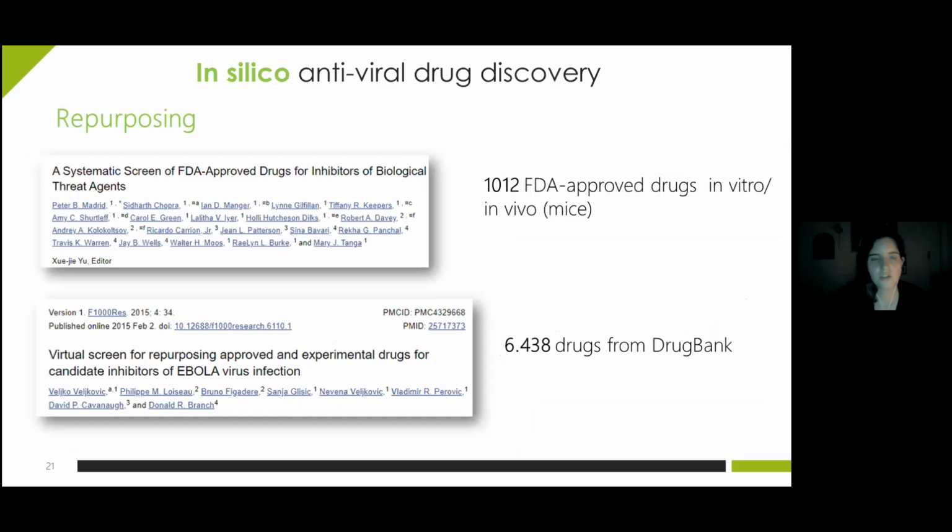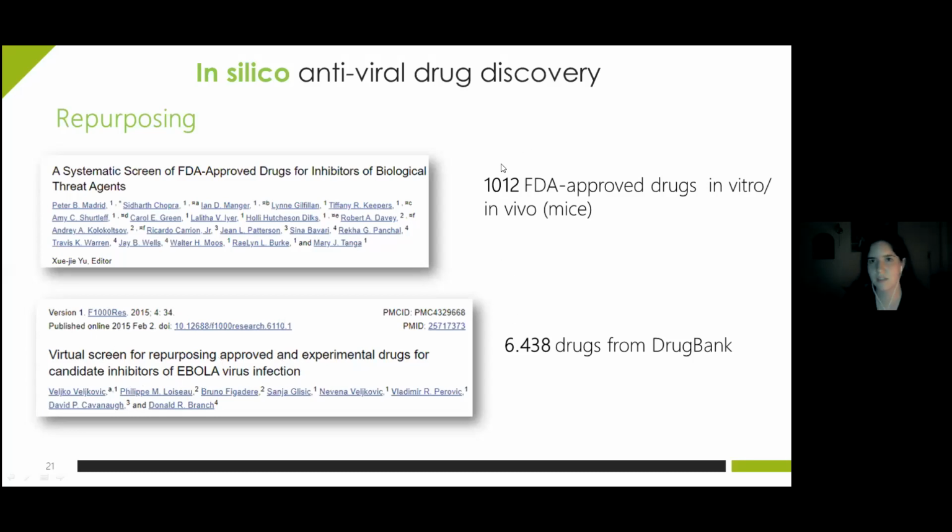And to illustrate this point, I give you an example of two studies that are about 2 years apart, 2013 and 2015. The top one describes a very standard approach for the screening of FDA-approved drugs in order to find new inhibitors. And the bottom study presents an in silico approach for the virtual screening of experimental drugs.